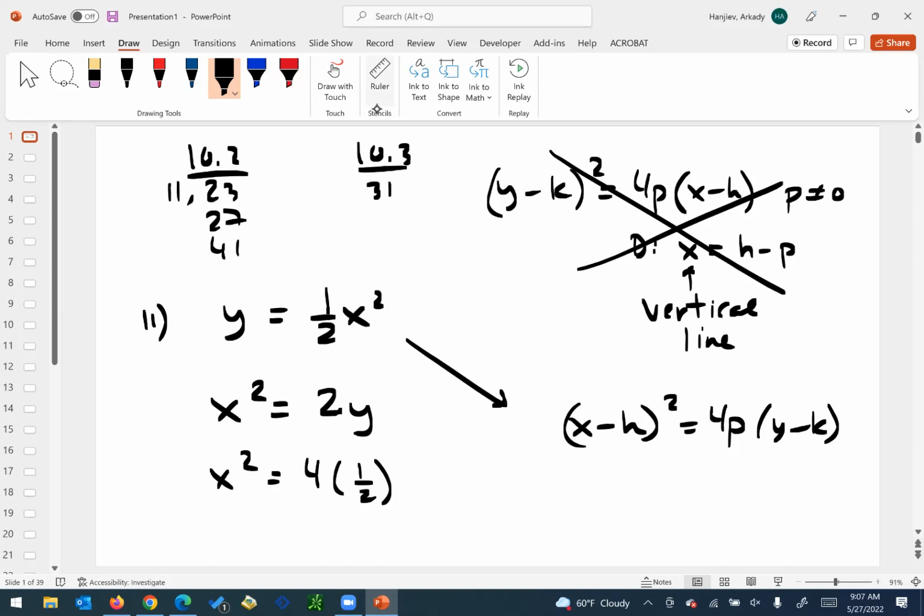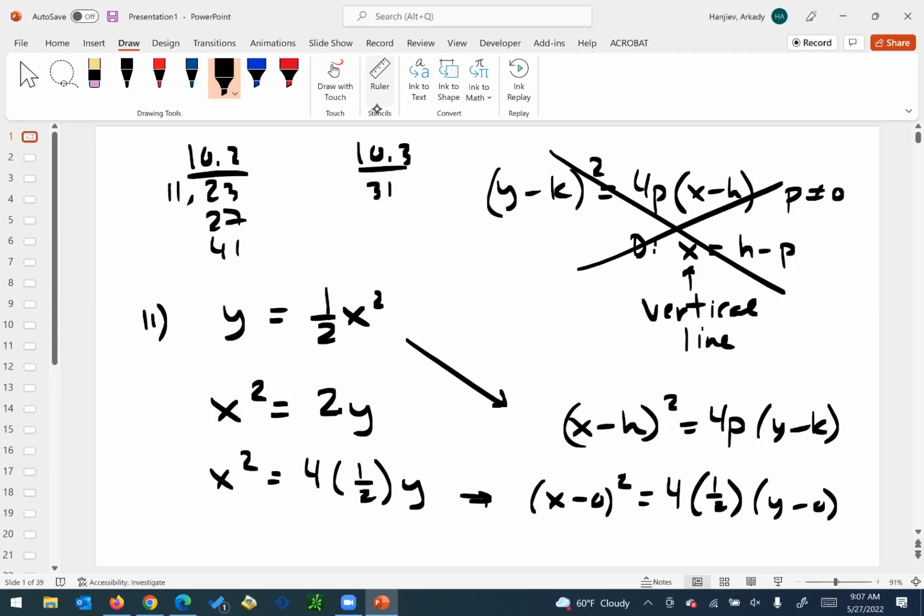Would it be 1/2 there? Would that work? So I got my x. If you want to make it just like this, it would be x minus 0 squared. There's my 4, my p-value is the 1/2, and it's y minus 0. Okay, does that connect everything now?